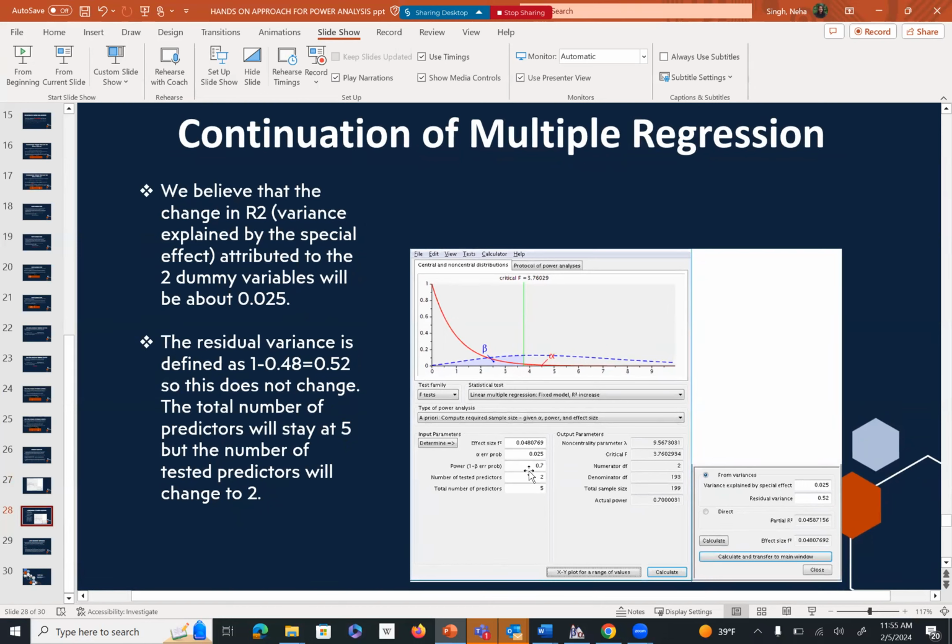So we will add the number of tested predictors as 2 and the total number of predictors in our model as 5. And our effect size was 0.048. So we require a total sample size of 199 subjects.